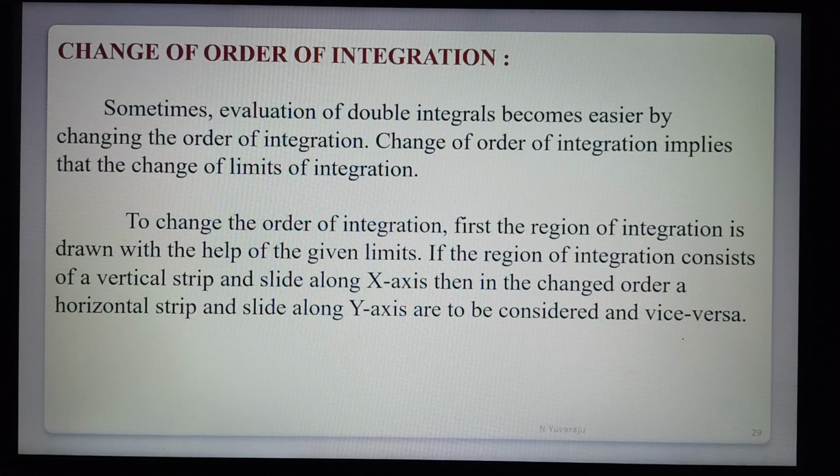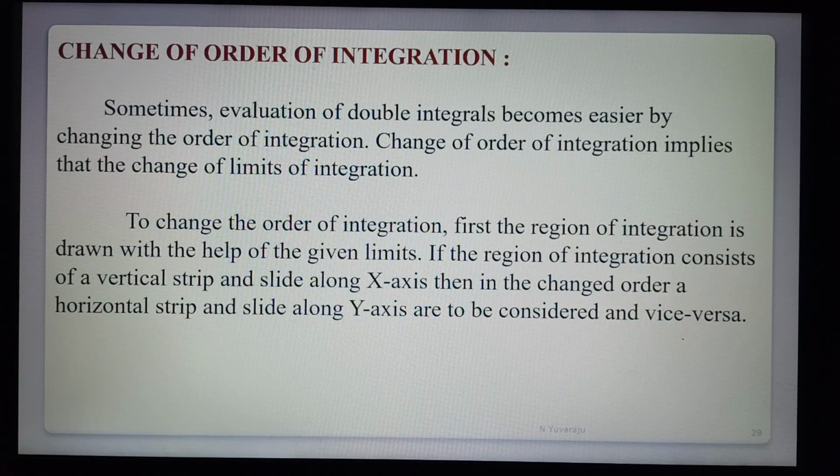To change the order of integration, first the region of integration is drawn with the help of the given limits. If the region of integration consists of a vertical strip sliding along the x-axis, then in the changed order a horizontal strip sliding along the y-axis is to be considered, and vice versa.